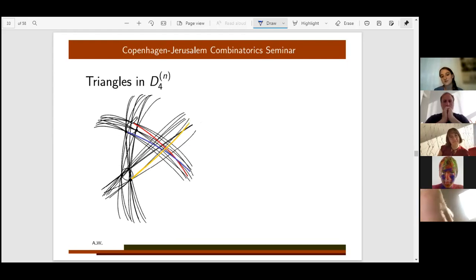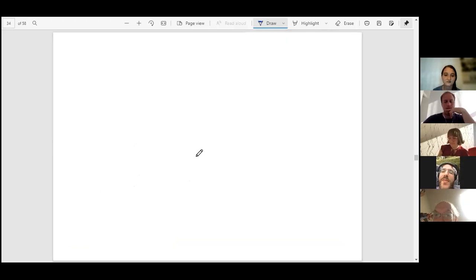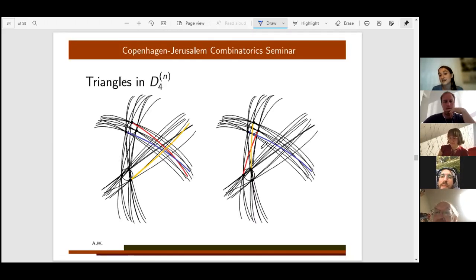And for example, you can count how many red-blue edges there are. It just depends on the location of these end vertices here. And there's going to be another 2 vertices down somewhere here. And then any yellow edge going from here through this bundle is going to cross the other 2. And then you get a number of how many you have. Then you could look at another type.